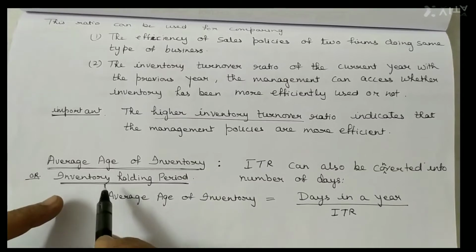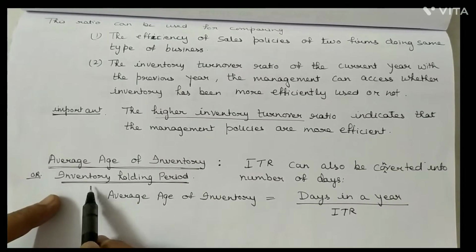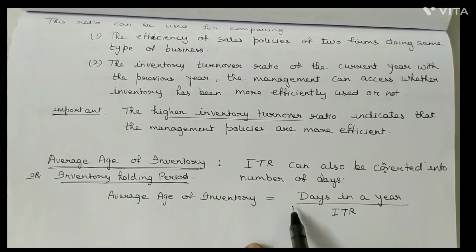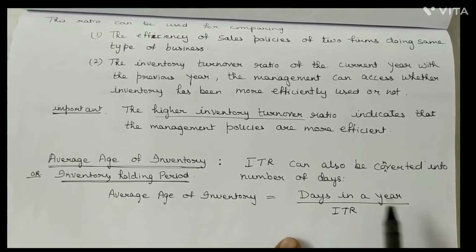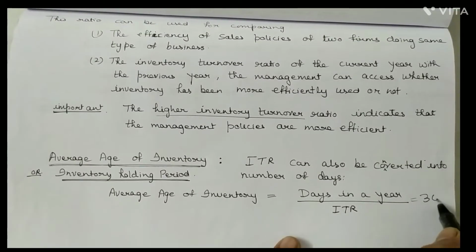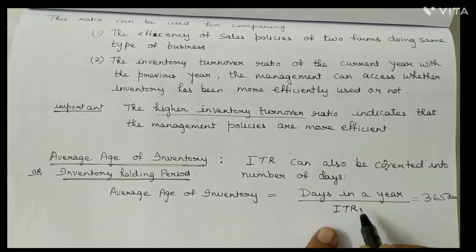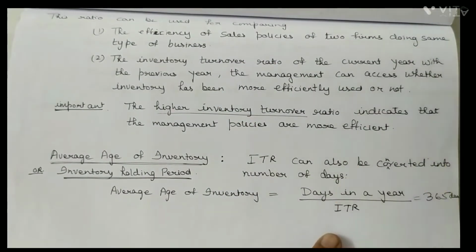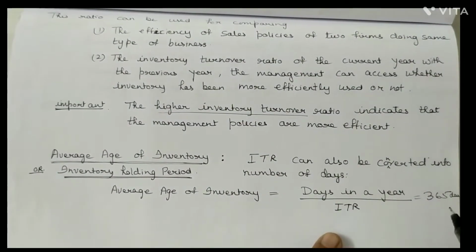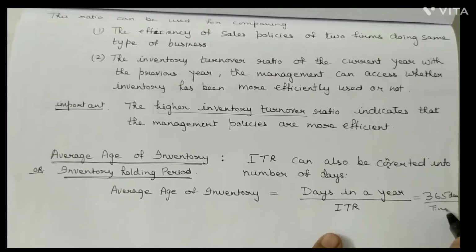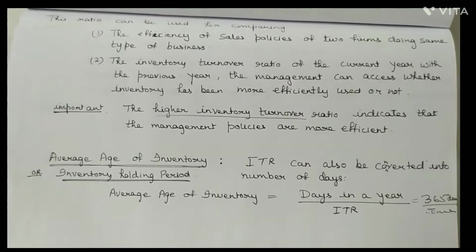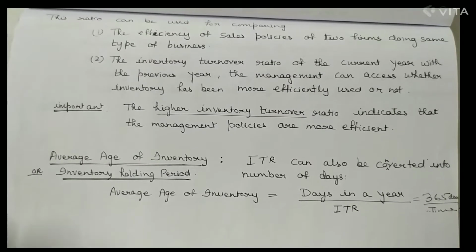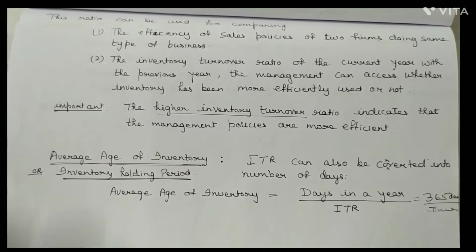This average age of inventory or inventory holding period is equal to days in a year, 365 days, divided by ITR, which you have already calculated by applying the formula of ITR, divided by number of times. So you will get the average age of inventory in number of days.